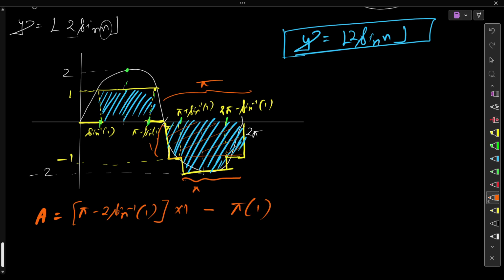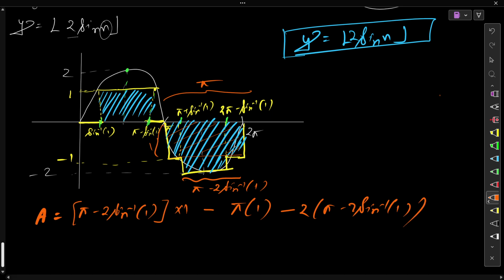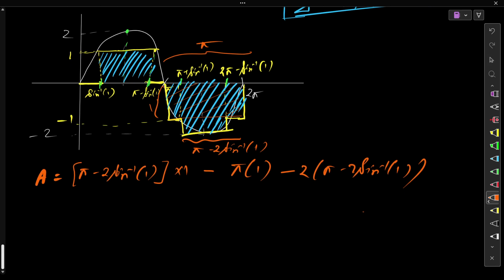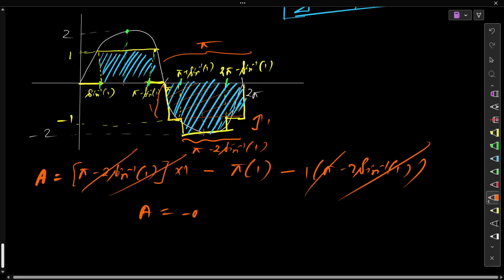So minus 2 into pi minus 2 sin inverse of 1. All right, so this should be 1, because this length is 1. Length into breadth would be the area. So in this case, we are getting the answer to be negative pi.